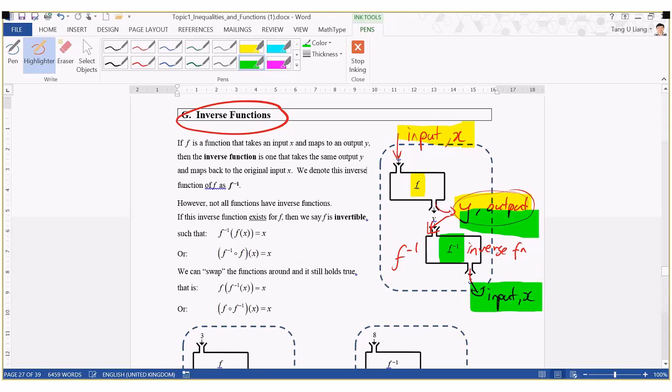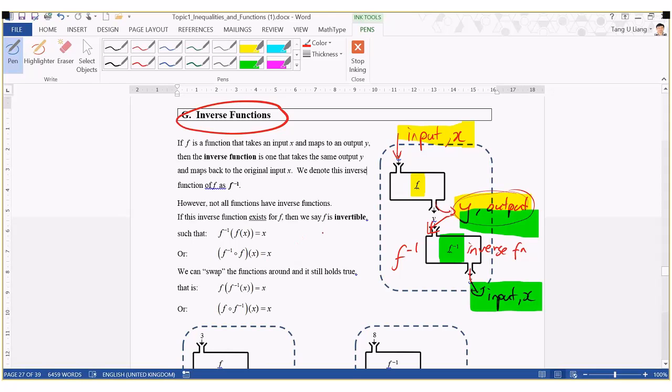That's what the inverse does. For a given output, it returns to you the original input that you started off with.